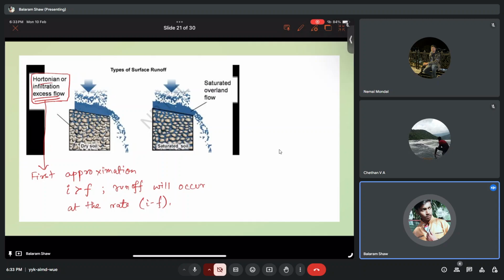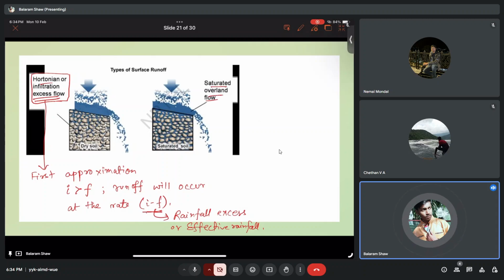If the rainfall intensity is greater than the infiltration capacity, sorry, infiltration rate. Now, this I minus F is called rainfall excess or effective rainfall, also we have studied, right? Okay. So then we have saturated overland flow.